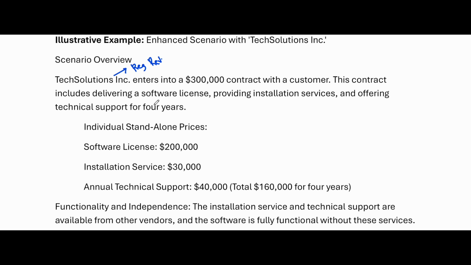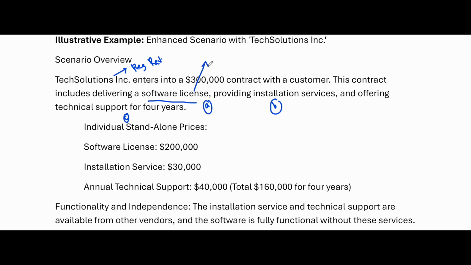This contract includes delivery of a software license, providing installation services, and offering technical support for 4 years. These are 3 different types of services to be provided, and this company also provides them individually.